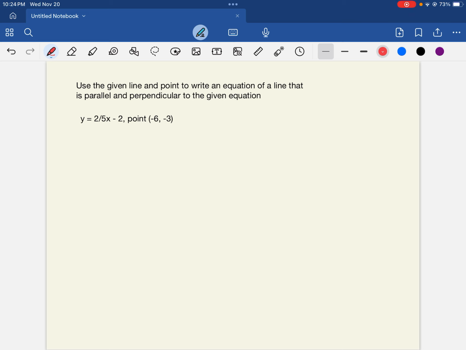So just like before, I identify my slope. This time it's 2/5. The equation of the line I'm going to use is point slope. And now I'm just going to plug stuff in. I'm going to plug in 2/5 for my slope.